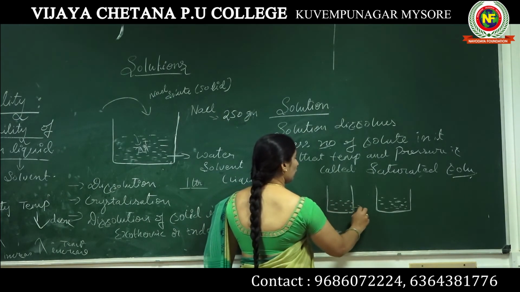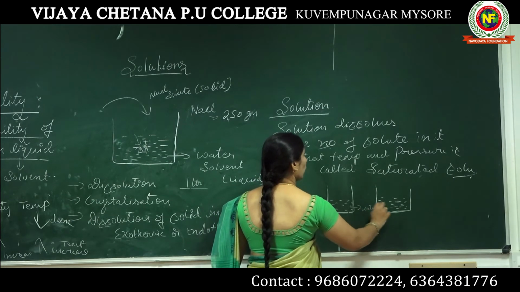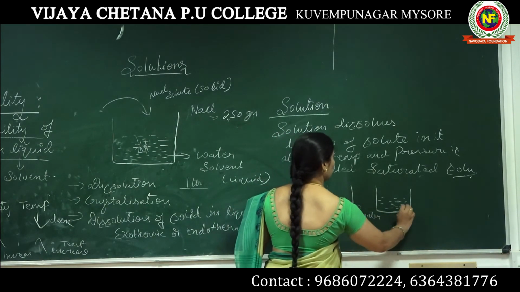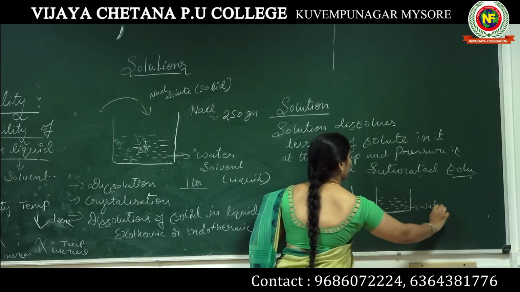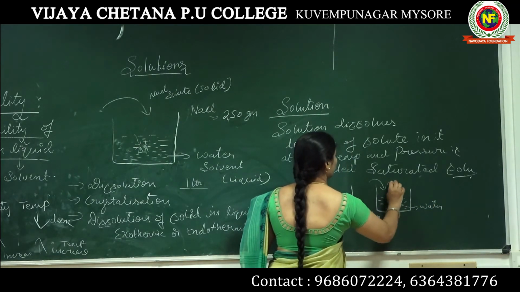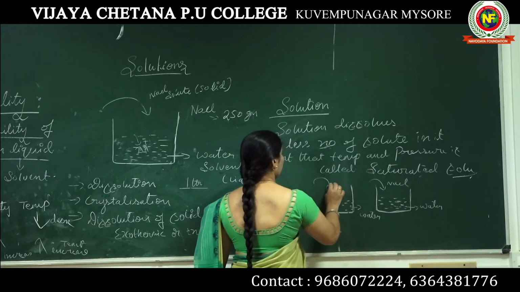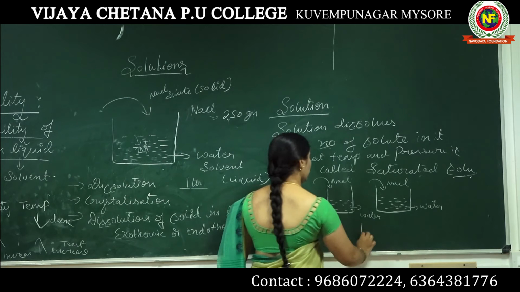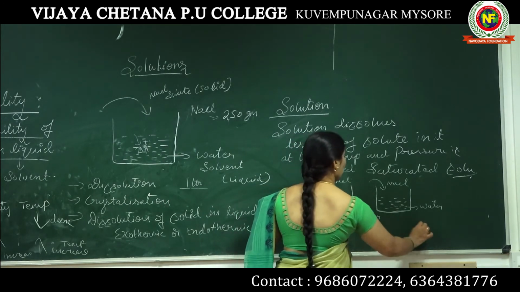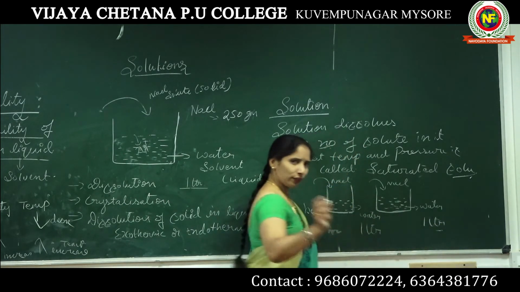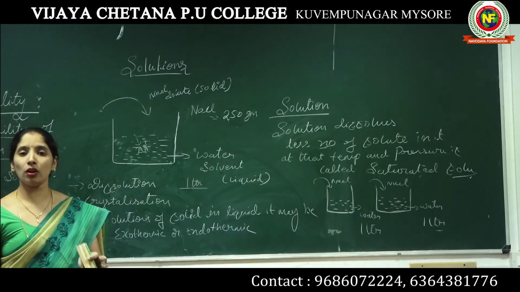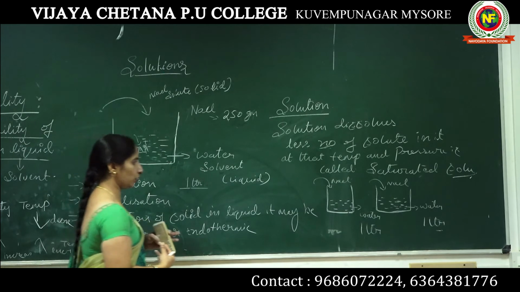Same here, I am taking a polar solvent, water, in both beakers, and adding NaCl. Same 1 liter of water in each. So how can we differentiate whether it is a saturated or unsaturated solution?